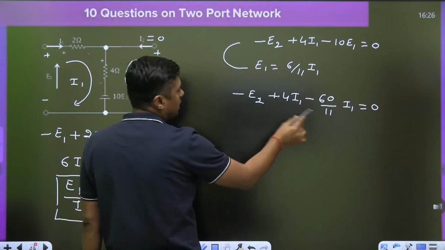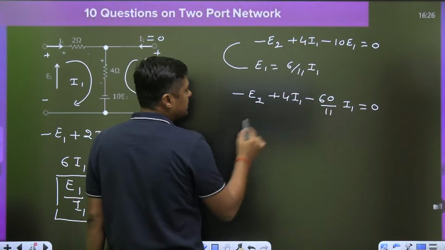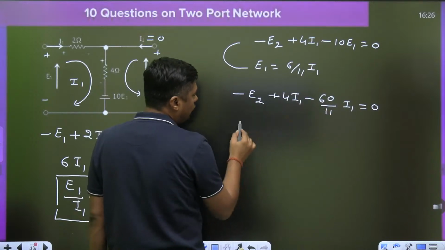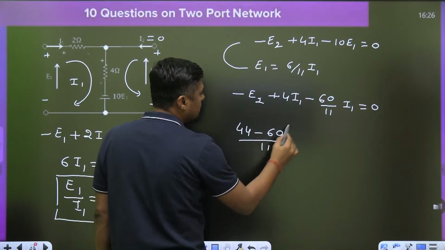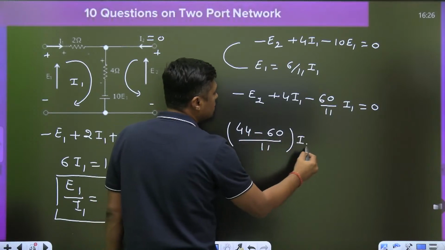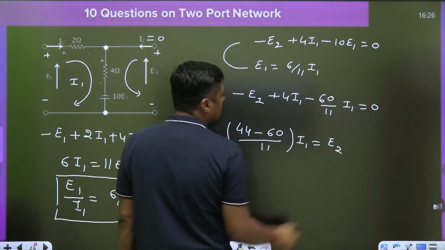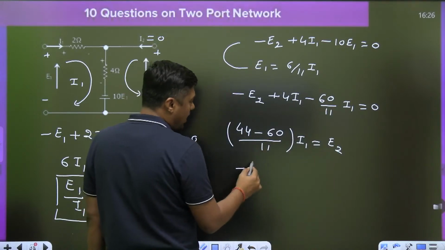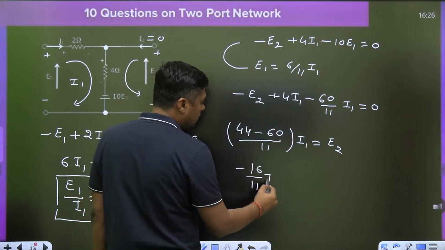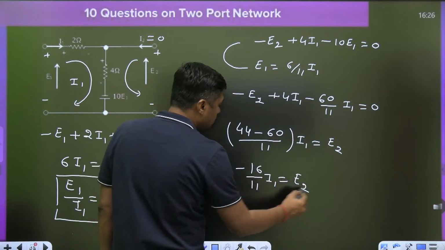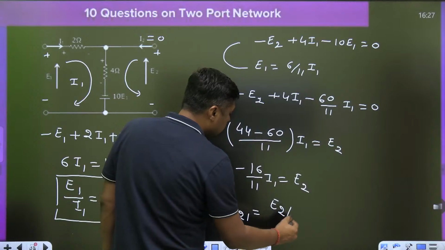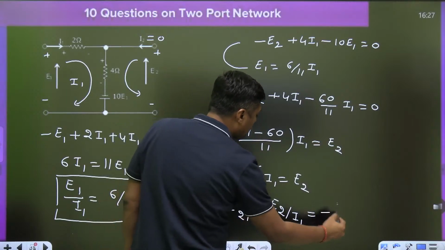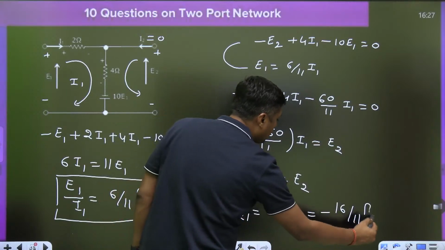Now on the right side, it will become 44 minus 60 upon 11 I1 is equal to E2. Now this will become minus 16 by 11 I1 is equal to E2. So what is Z21? E2 by I1 is equal to minus 16 by 11 ohm.